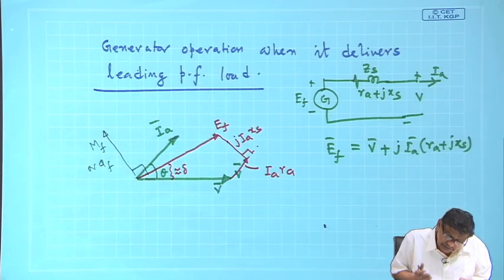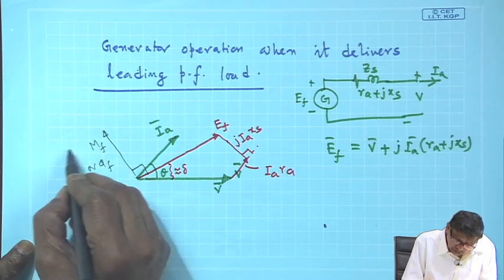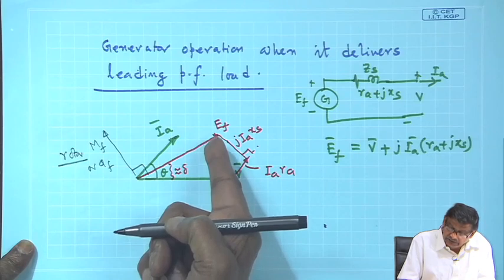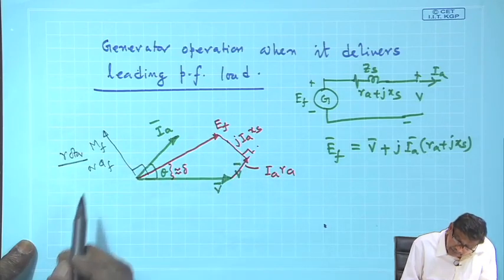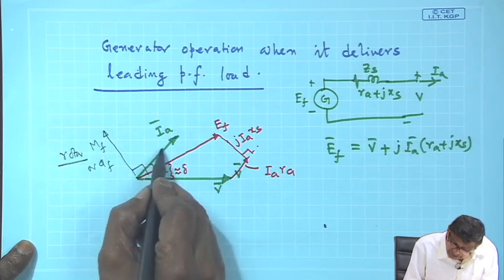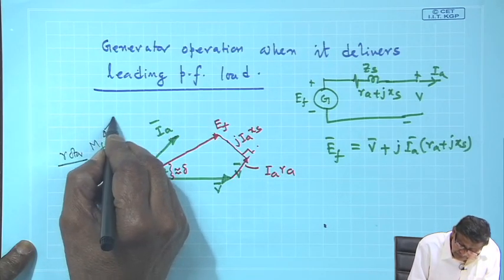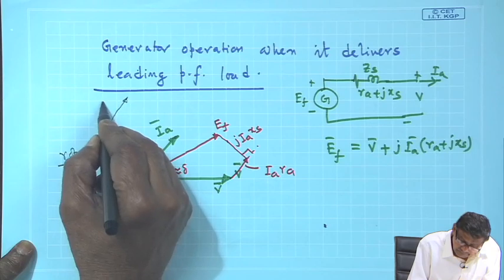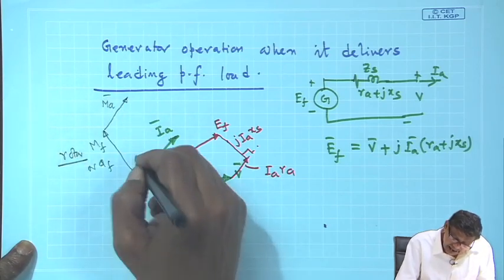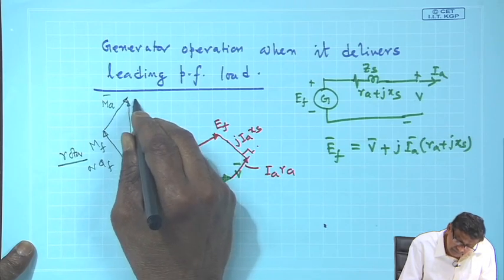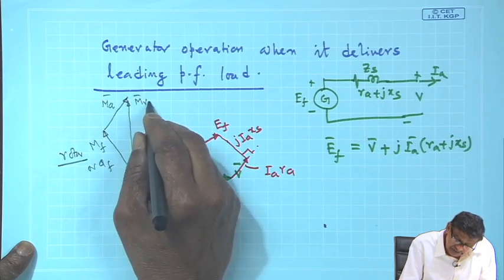And where is your resultant field? M f, this is the rotor field, mind you. M f is the rotor field which induces E f. Then M f plus your M a is along this line. So, M f plus M a, and this will be your M r, M resultant.